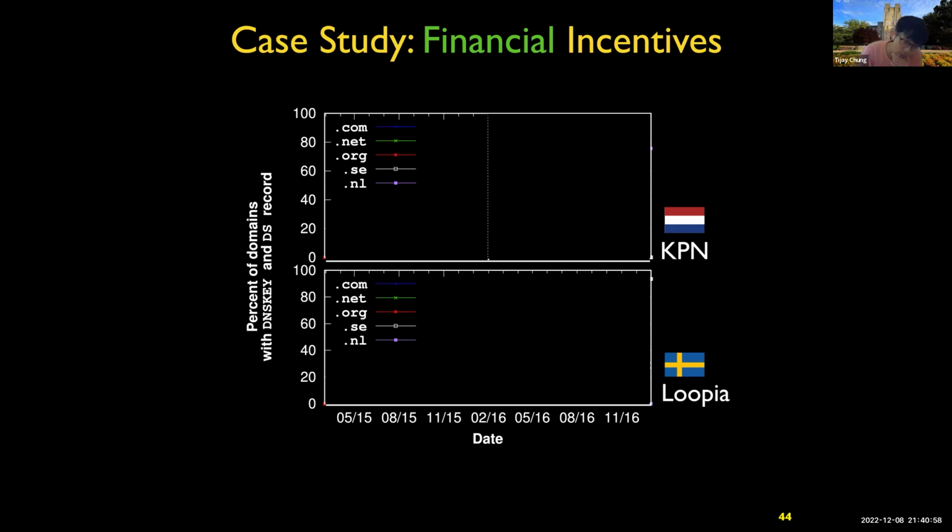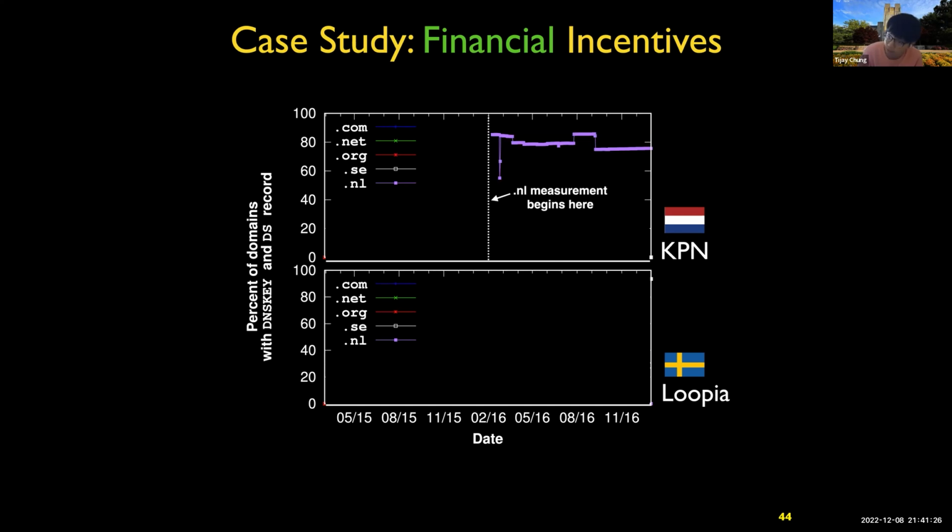Then let's look at how this financial incentive made a difference in terms of DNSSEC deployment rate. So now, the y-axis shows the percentage of domain names with the DNS key and the DS record for 5 different domain names. So in the case of NL, for KPN, the Dutch registrar, the DNSSEC deployment rate is really high.